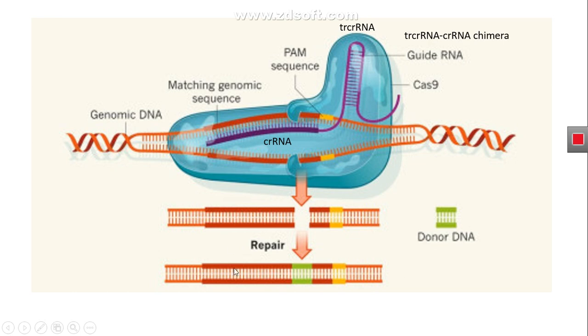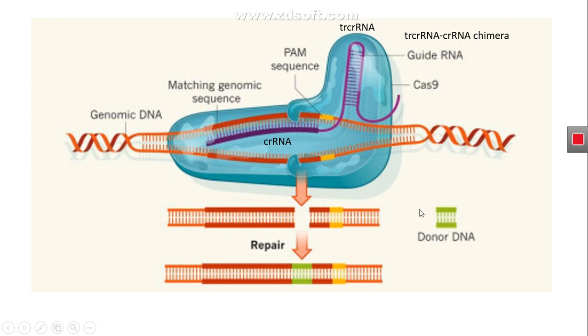And another thing these scientists found out is that if we wish to replace the mutated gene with another gene, that is also possible. In this situation, we have to inject a piece of corrected DNA with the Cas9 enzyme and guided RNA.